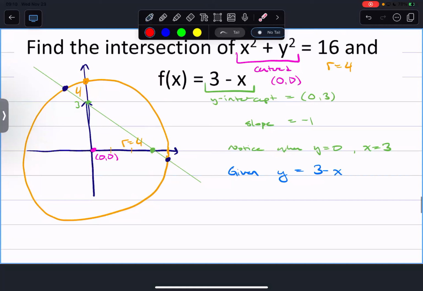From up here, f of x, you can rewrite it as y. And so now we can substitute 3 minus x into our y up here. So now substitute into the circle equation.